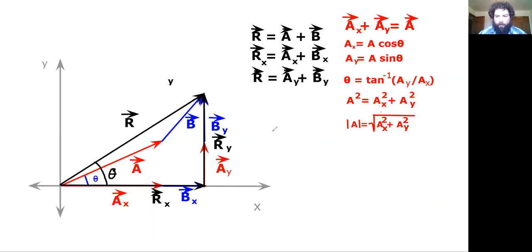If you need some help with trig, here's one example. Let's say that x is going to be 4 meters long, and this is going to be 3 meters long. I'm going to switch to my calculator real quick, and I'll show you how to do that for trigonometry.